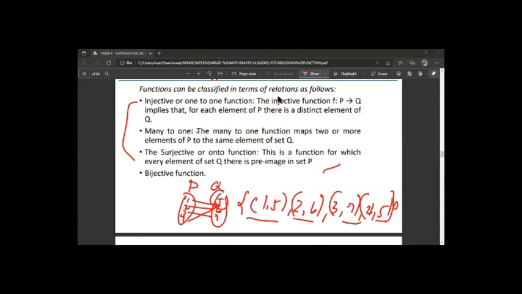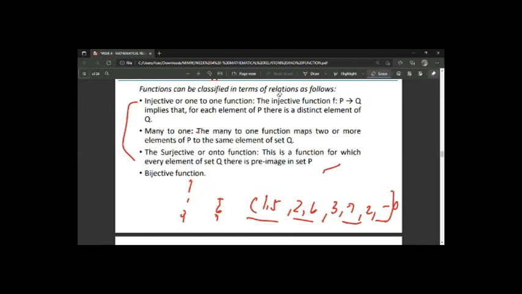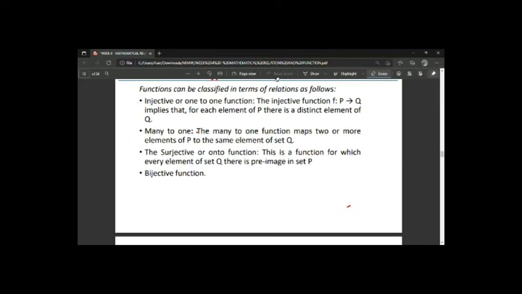Okay. Let's go with the last one, bijective. Yung bijective function, guys, is a combination of surjective and injective. So yung bijective, guys, is a combination of surjective and injective.